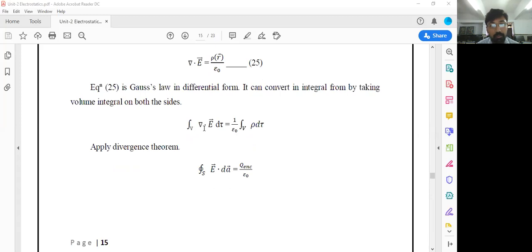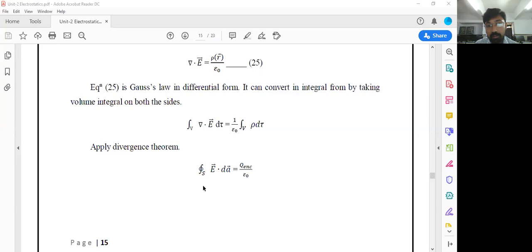So on the left hand side of the equation, the volume integral converts into the surface integral. It becomes the closed loop integration over surface S of E dot dA, where dA is the surface element, and it equals Q enclosed upon epsilon 0, because of the integration over volume V of rho d tau.